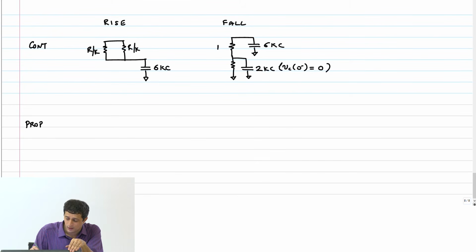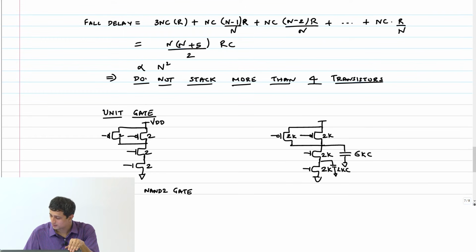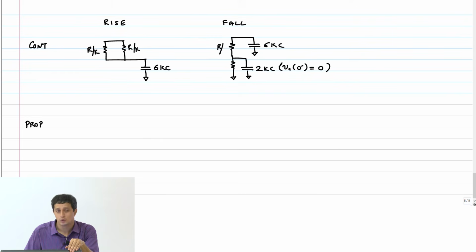R by 2K. It's only for the PMOS that you have to do 2R by W. For the NMOS, it's just R by W.